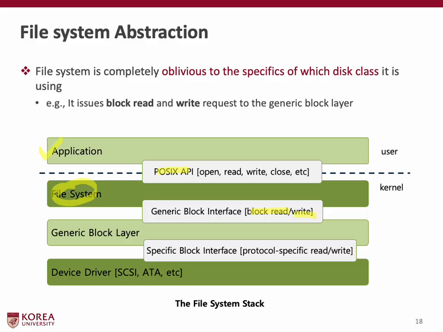That is, the file system doesn't need to know the exact type of storage device it's using, whether it's a hard disk, SSD, or USB drive. Instead, the file system performs I/O operations by communicating with a generic block layer. Then the generic block layer communicates with a device driver using this interface. This interface can be specific to the I/O device.